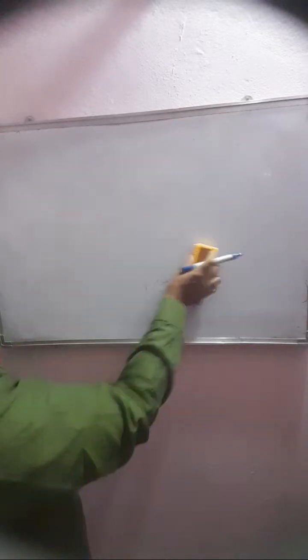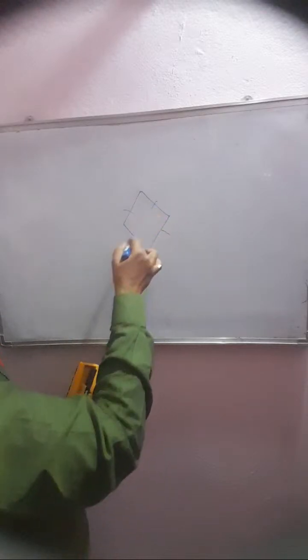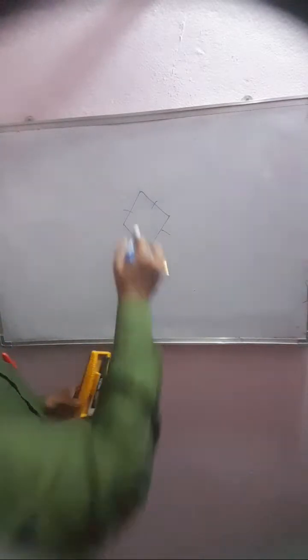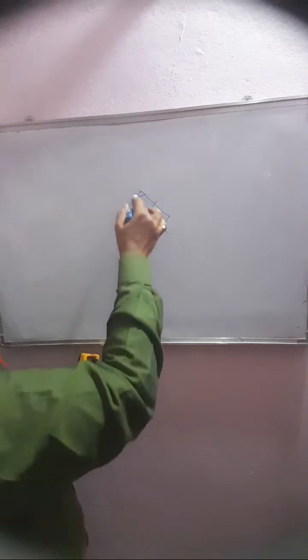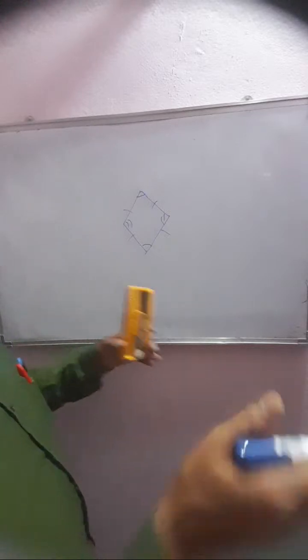So after square, we learned about rhombus. Rhombus is a parallelogram. In rhombus also all sides are equal. Then what is the difference between square and rhombus? In rhombus, the opposite angles are equal, but all angles may or may not be equal.